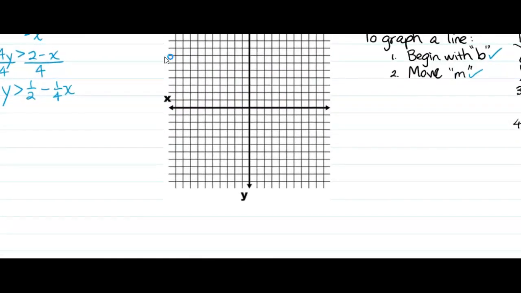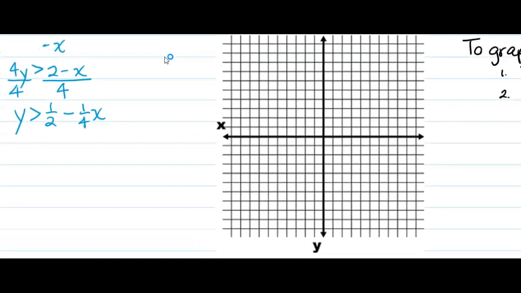So I need to make my graph a little bigger. 1/2, and I want to go up 1, down 1 because it's negative, right 4. Down 1, right 4. Or I could go up 1, left 4. That accomplishes the same thing.